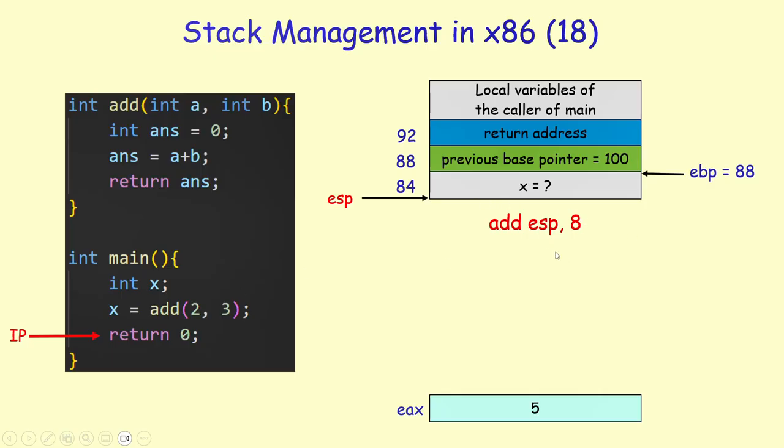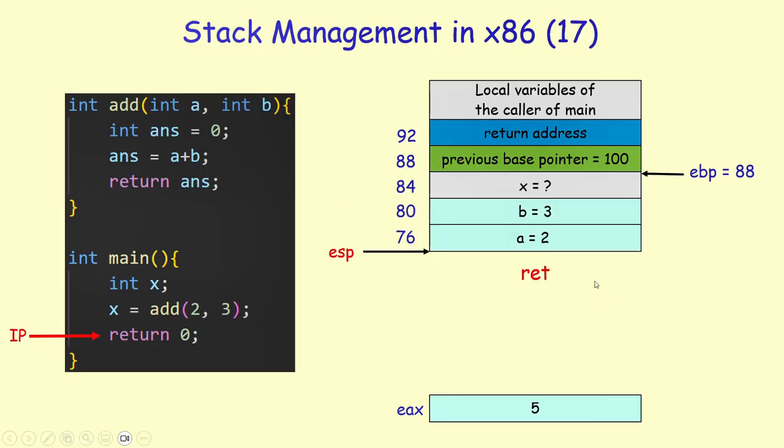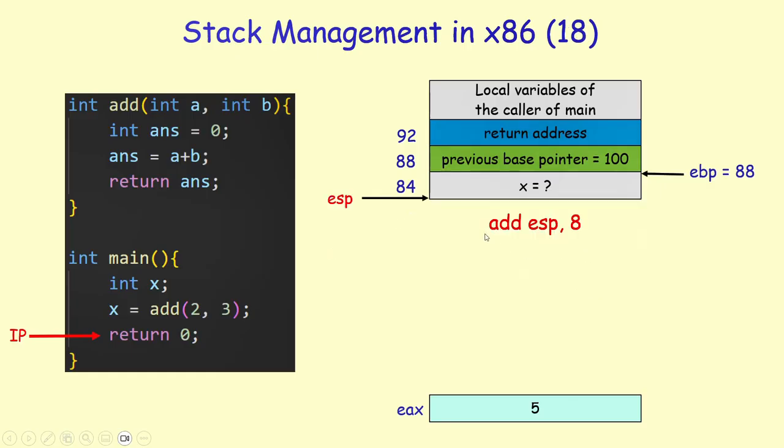We could have actually had the callee, which is the add, remove them by simply supplying a parameter to the return instruction. Instead of saying ret, we could have said ret 8. So in that case, the ret instruction would have removed 8 bytes from the stack. So when we return, we did not have to execute this.